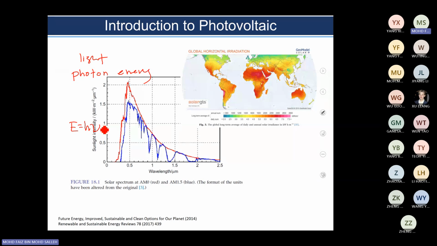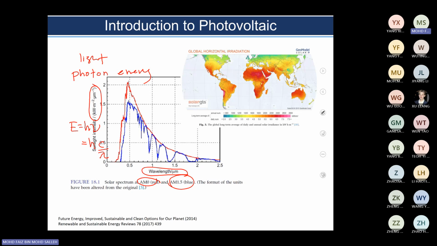And the frequency is related with speed and also wavelength. So that photon energy is defined by the wavelength. For example, this graph shows us the sunlight intensity as a function of wavelength. And there are two lines over there. One is AM 0, the red one, and one is AM 1.5.